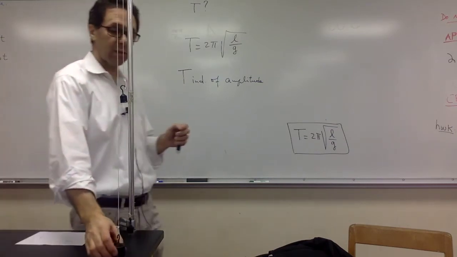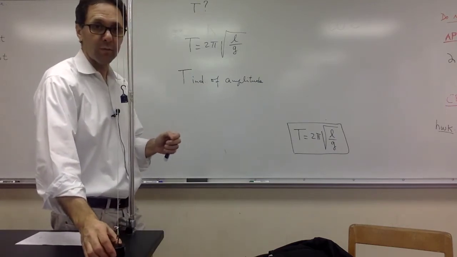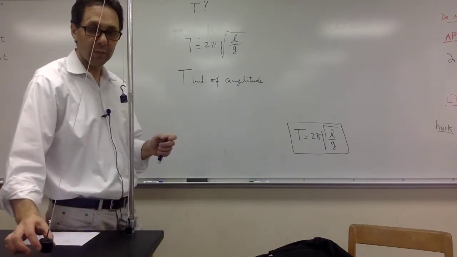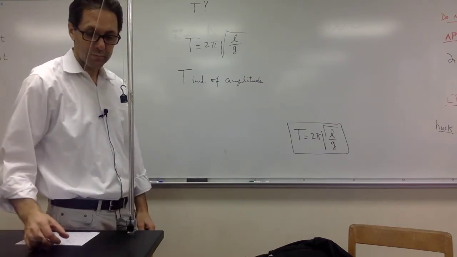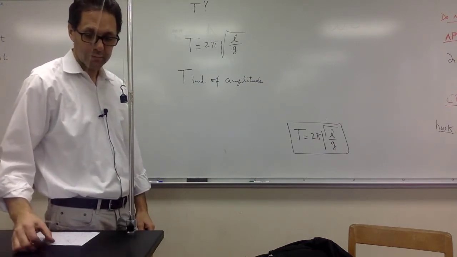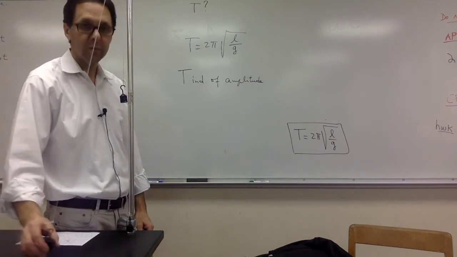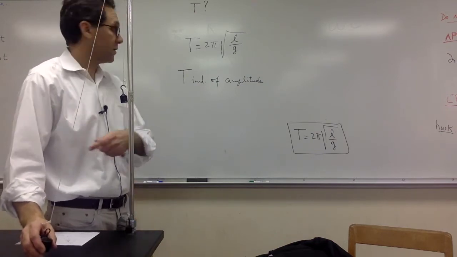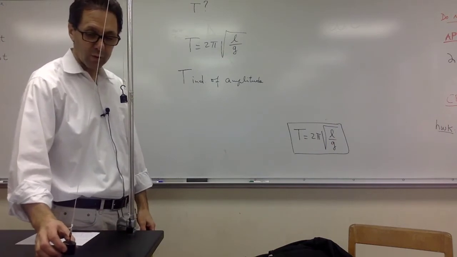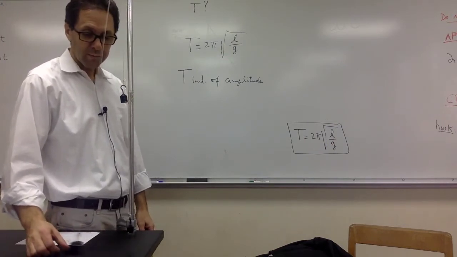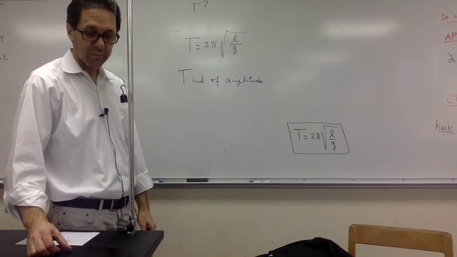So I'm going to let you try this while you're at home. I'm going to pull this, and you can start anytime you want. You can do 2 cycles if you want. Now, if you do the period there, or with a smaller angle, you should find them to be the same.